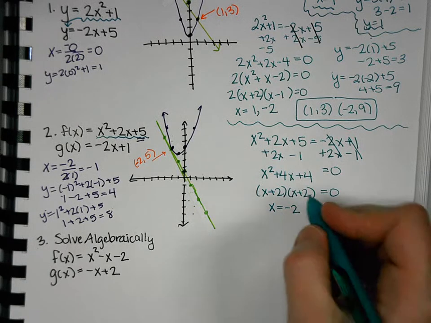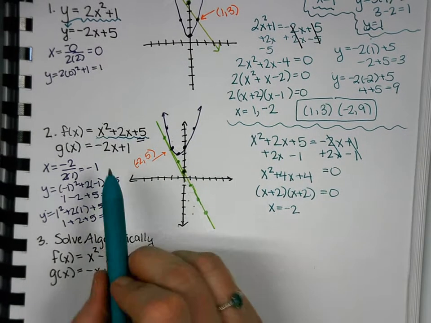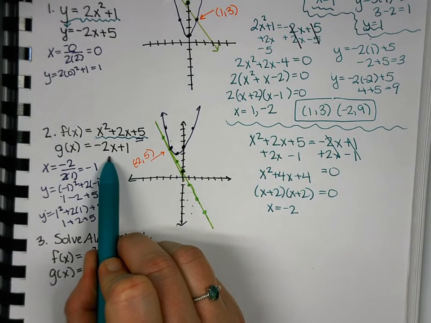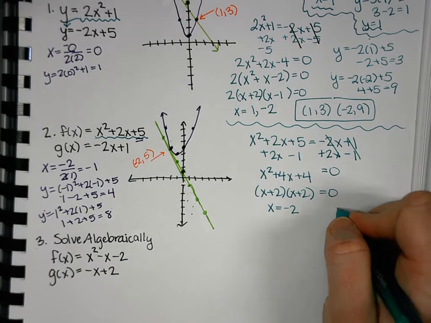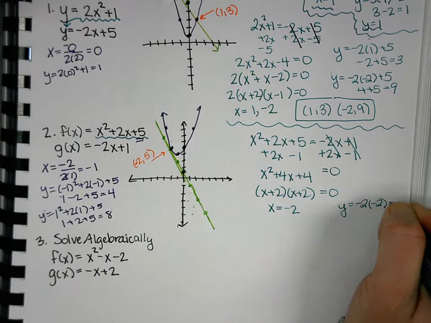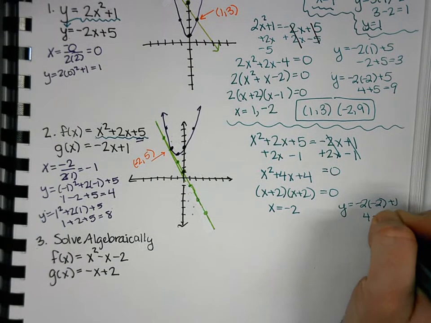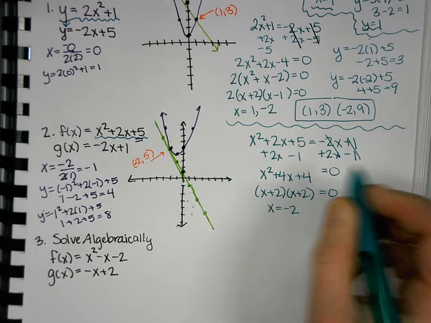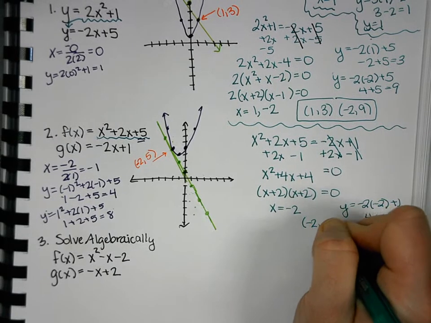So then we go back, and again, usually I choose the line because it's the easier equation to plug into. Negative 2 times negative 2 plus 1. So 4 plus 1 is 5. So that confirms that our ordered pair is negative 2, 5.